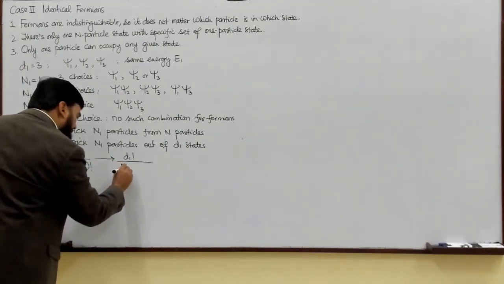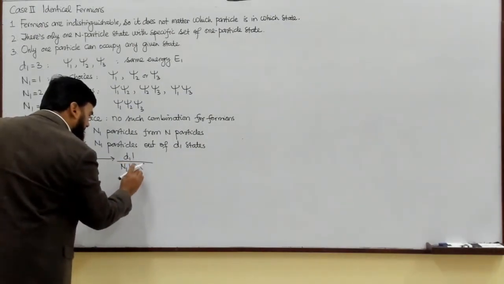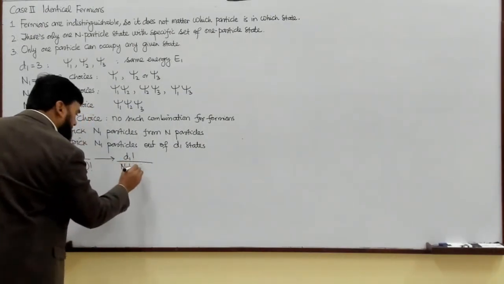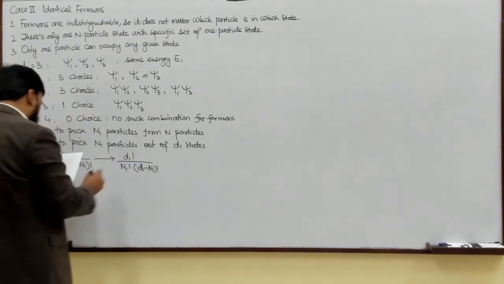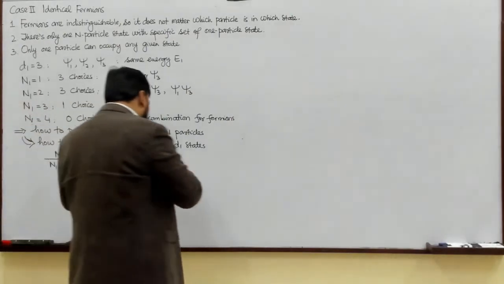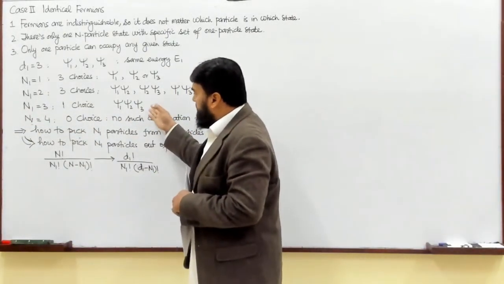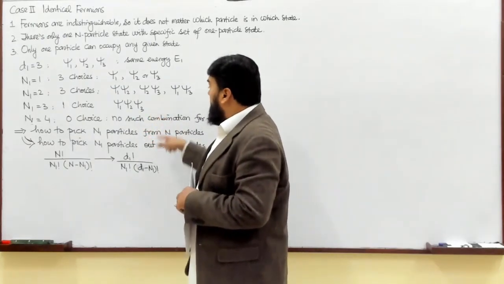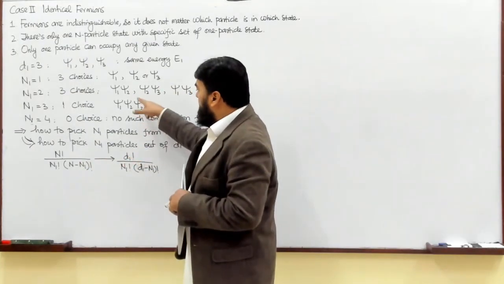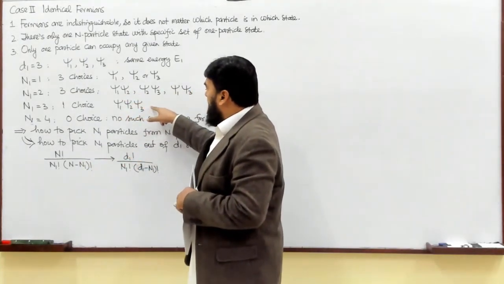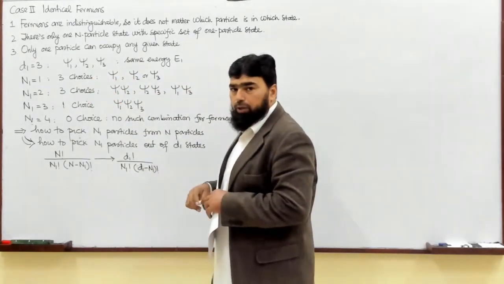Divide by n1 factorial, and for this n I will again write d1 minus n1 whole factorial. So for the fermions, it will become like this. And the reason, we know from here, is that there was no restriction on n, but here our n1 that we are taking is dependent on d1, the number of available states.